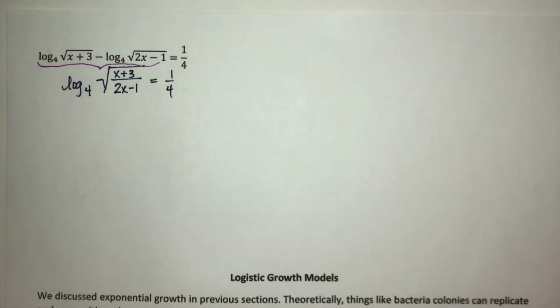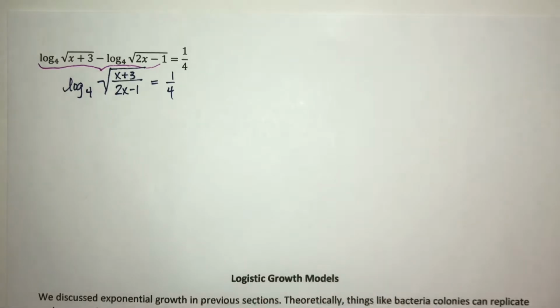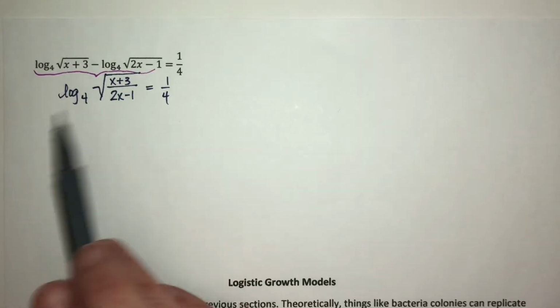Technically, you would write the square root of x plus 3 over the square root of 2x minus 1. And then your next step would be to combine them into one radical. But there we go. Okay, so now I have a single logarithm equal to a number.